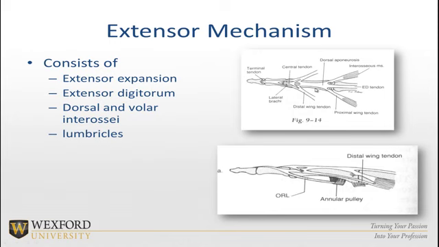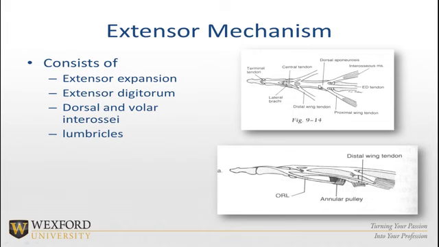The hood splits into 3 segments just proximal to the head of the proximal phalanx. So we have these 3 specific segments. The central tendon crosses the proximal interphalangeal joint and inserts into the base of the middle phalanx.